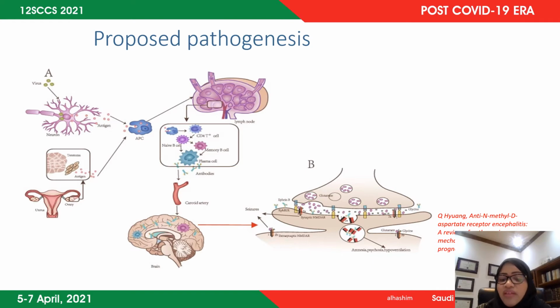So when they affect the glutamate subunit receptor of the anti-NMDA receptor, they can either block those receptors and result in neuronal death, or they can open those receptors and create or promote more excitotoxicity, and that will result in seizures and hyperexcitability.